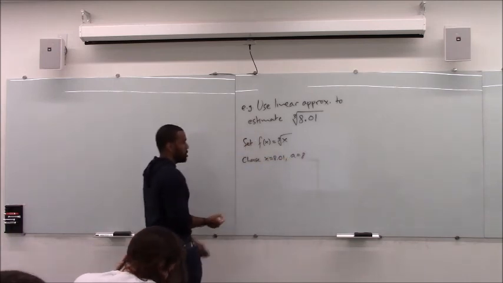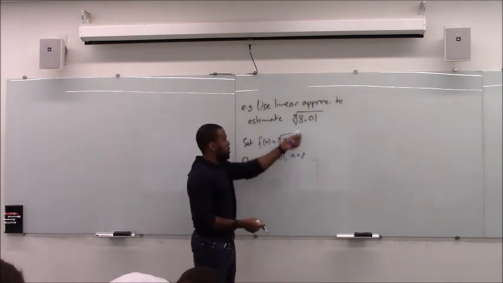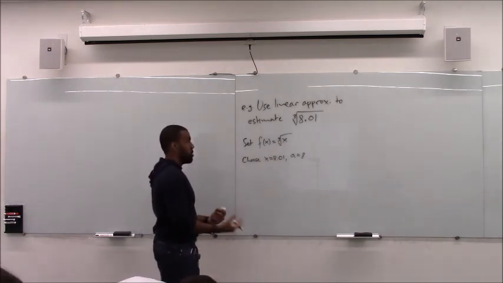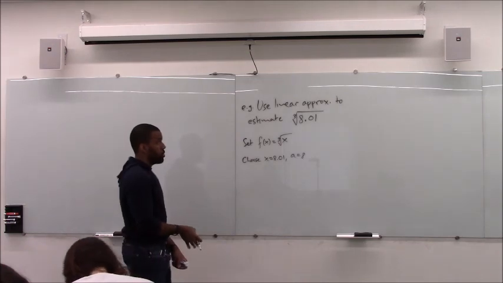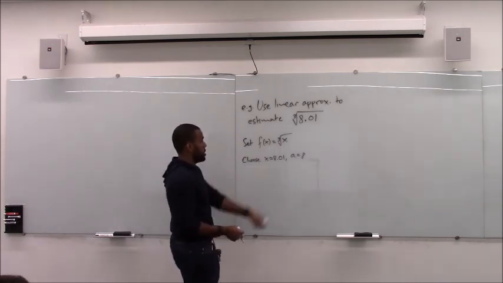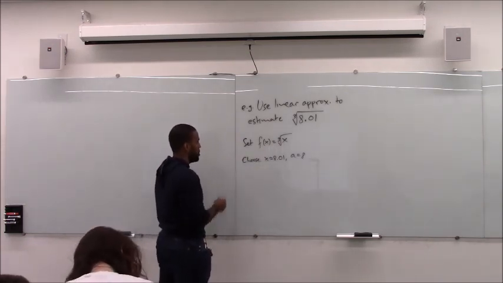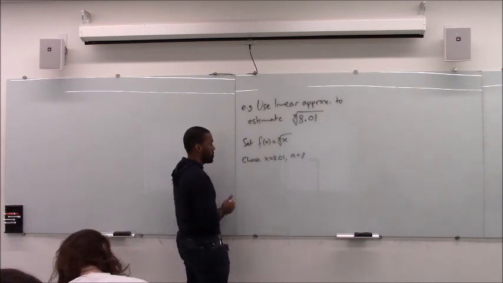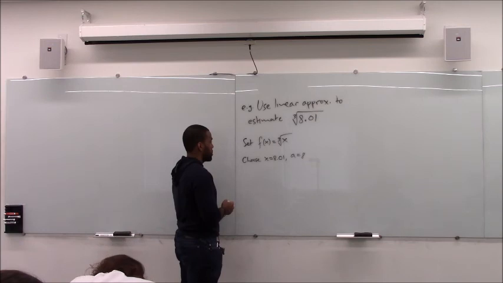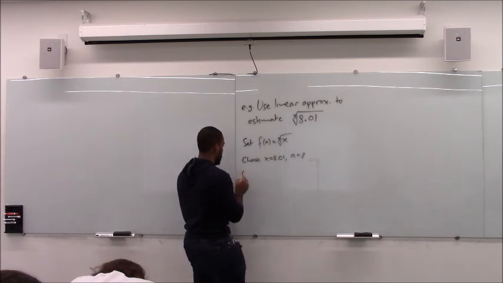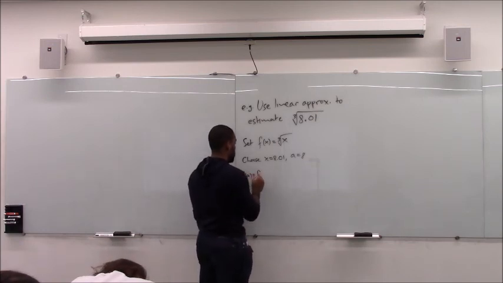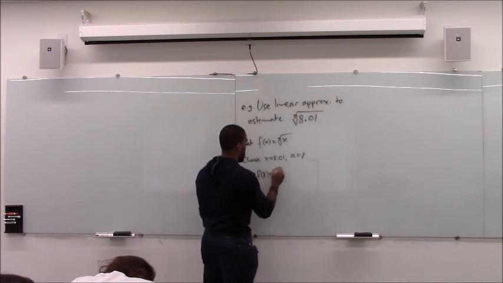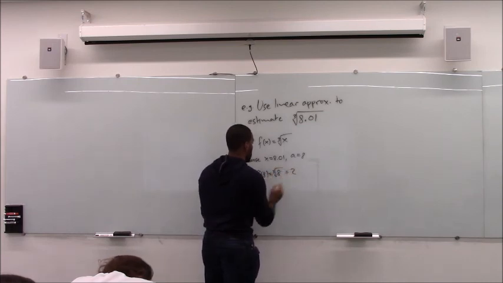So we want a close number to the original value. That's nice in the sense I would know what the cube root is, and I would know what the derivative of this is evaluated at that point. Then bring in a in the function. So f of a equals f of 8, which is the cube root of 8, which is 2.